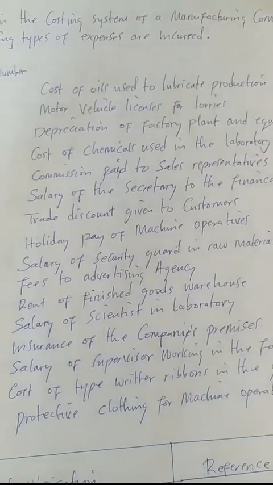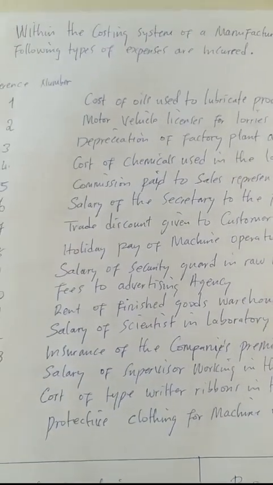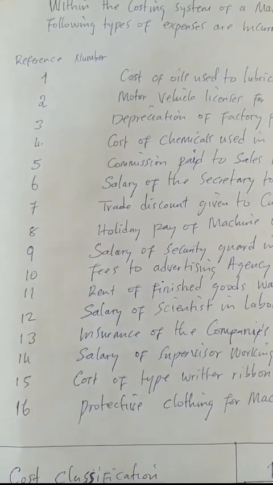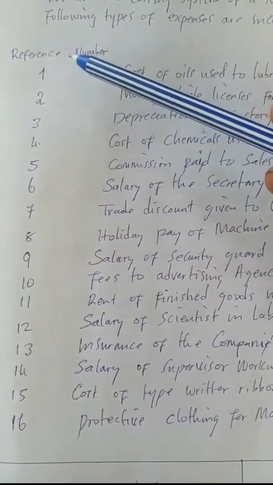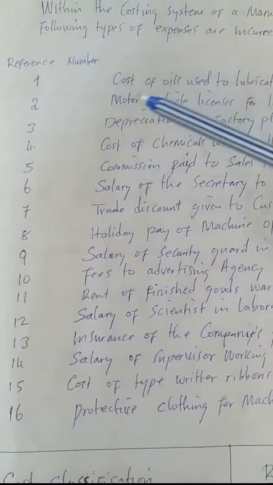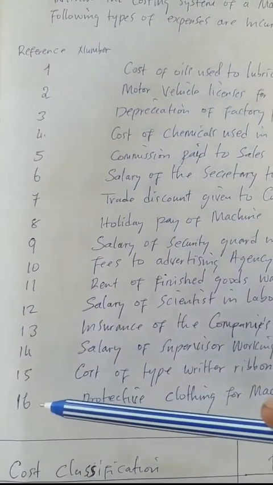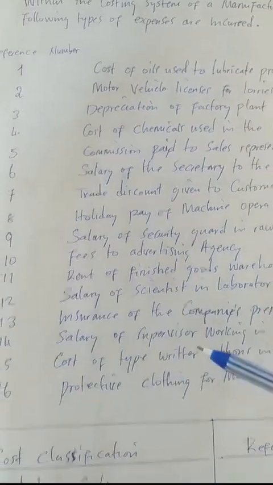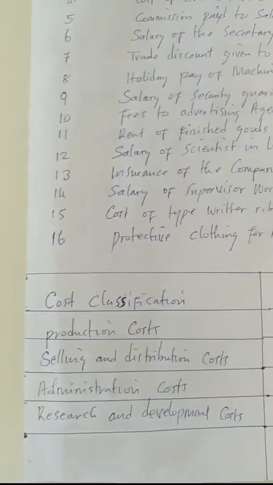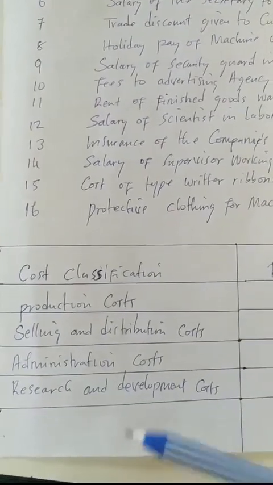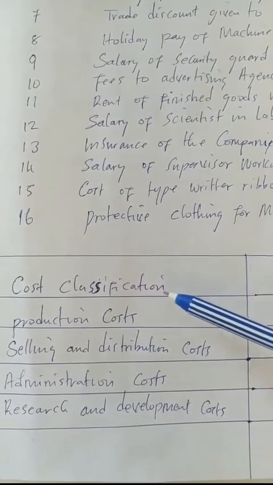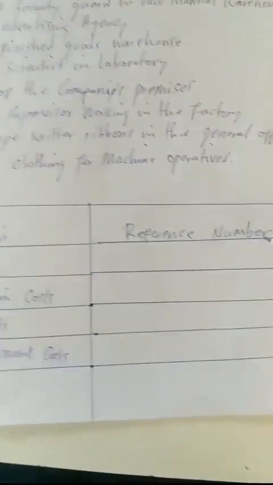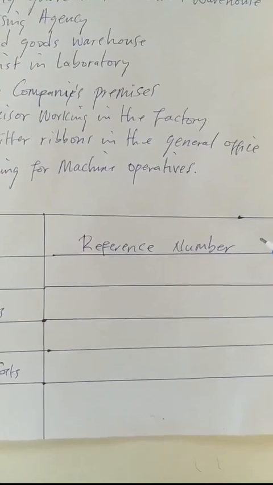I hope you're good. So what you're seeing in front is a number of courses that I've listed down, and these are the reference numbers, number 1 up to 16, and then I have a table here where I need to classify these costs that I have, cost classification, and then the reference number here.